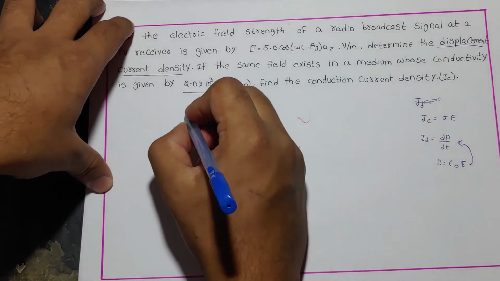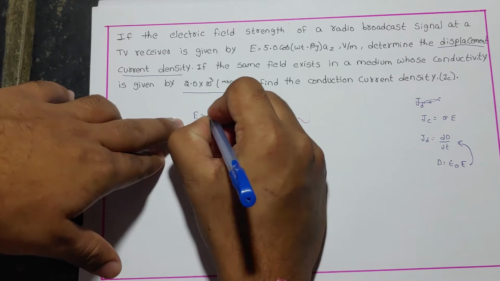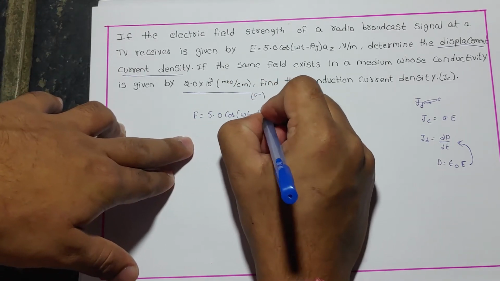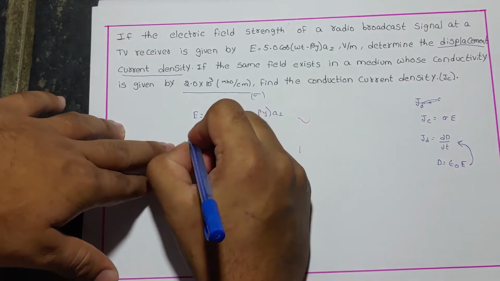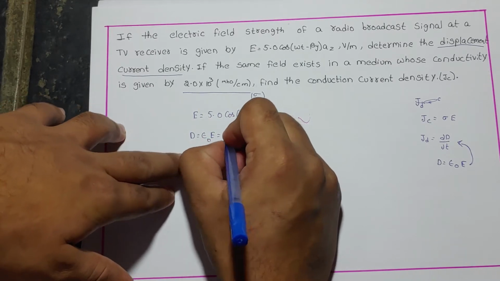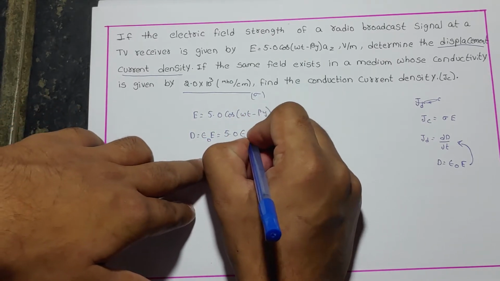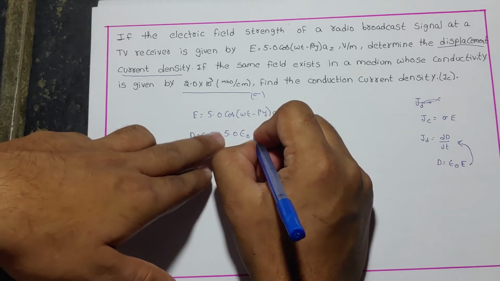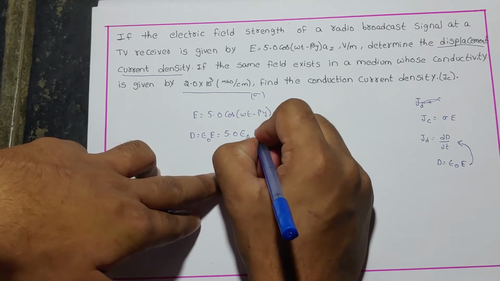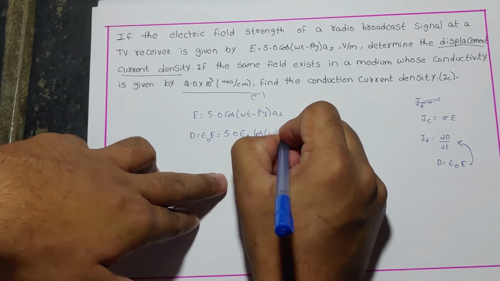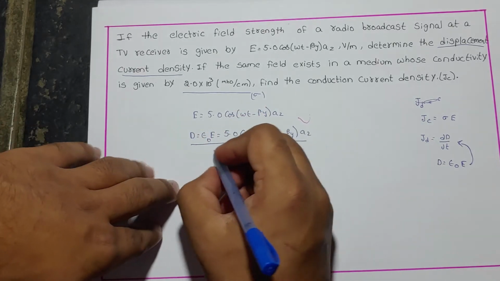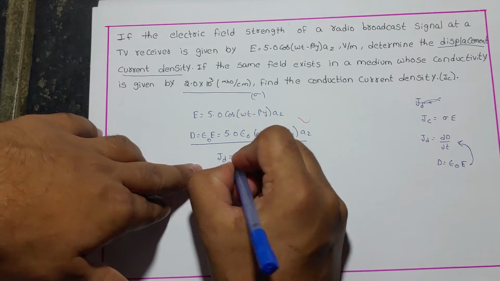Let us solve. Here it is given E is equal to 5.0 cos of omega t minus beta y into AZ. From that D is equal to epsilon naught times E is equal to 5.0 epsilon naught cos of omega t minus beta y into AZ. This is our D. So we need to find displacement current density.